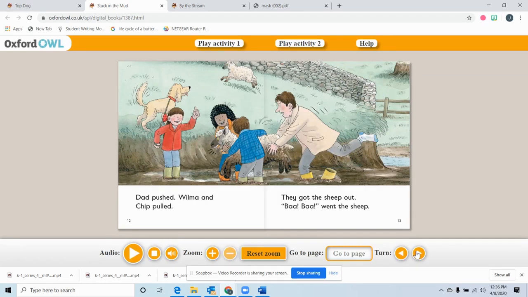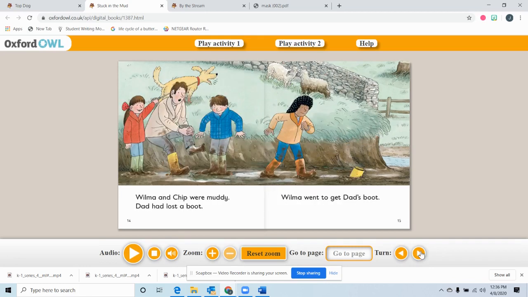What do you think happens here? Did you say they got the sheep out? Yeah. What else? Did you notice Dad's boot? He lost his boot, didn't he? Is that what you said? Now what's happening? Dad realizes it, doesn't he? Is that what you said? Dad lost his boot.